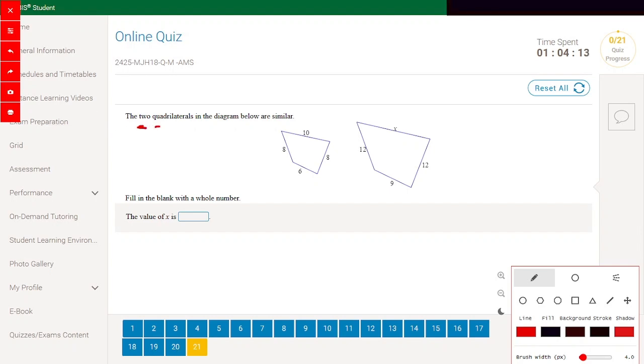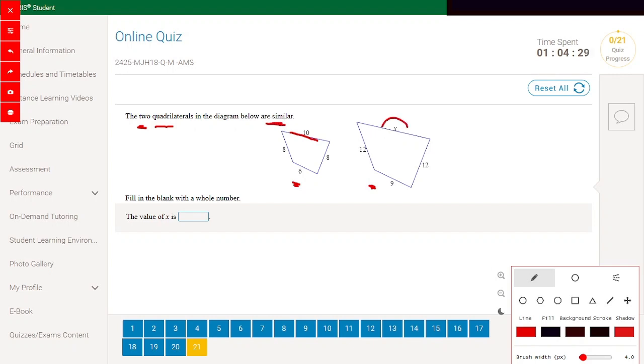The two quadrilaterals in the diagram below are similar. They are the same shape and even the same position, by the way. This one is smaller than this one, but they are similar.